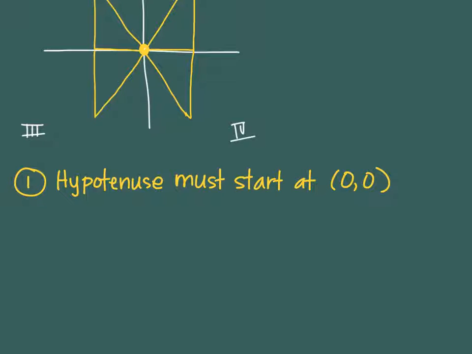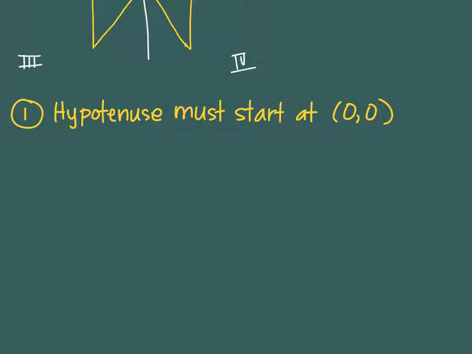Okay, the hypotenuse must start at 0,0. So a couple ways people might do it incorrectly. They might try and draw a right triangle like this. Okay, yeah, and immediately I could tell that that's not right because the hypotenuse doesn't connect the origin at all. And so that would be the wrong way to do that. And so we'd have to say, no, that's not right.